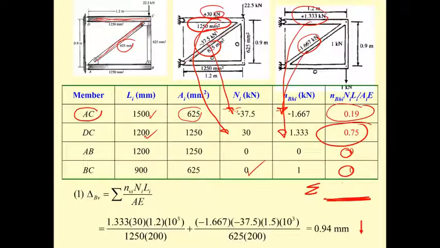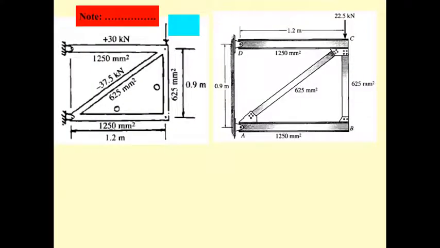Since it's positive, that means it's in the same direction as the 1.0 unit load. It indicates the direction of the displacement. Okay, and then we get the result. In conclusion, you get that easily. You get this, right? About horizontal.